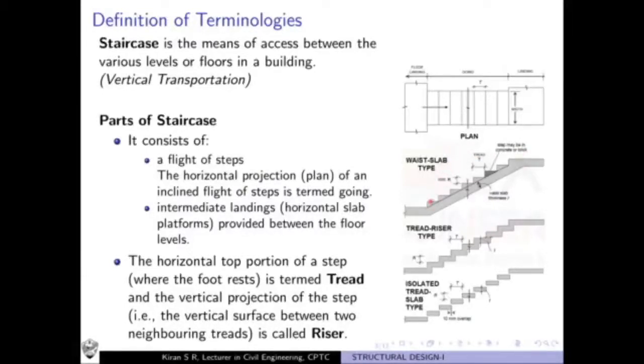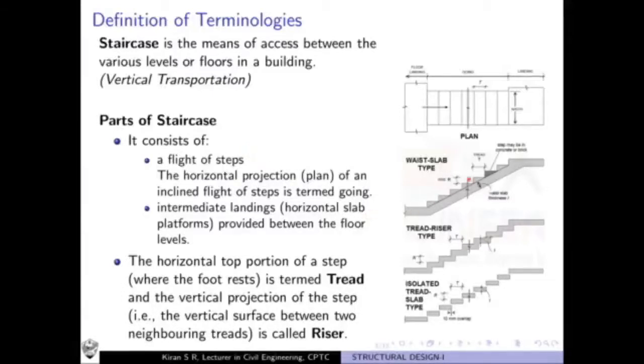Here you see the inclined structural member, that is the flight of steps, which contains steps or triangular elements which make up the whole of the inclined flight of steps. And you have the other component which is the horizontal surface, which we call landing or landing slab. So broadly every staircase consists of flight of steps as well as landing slabs.